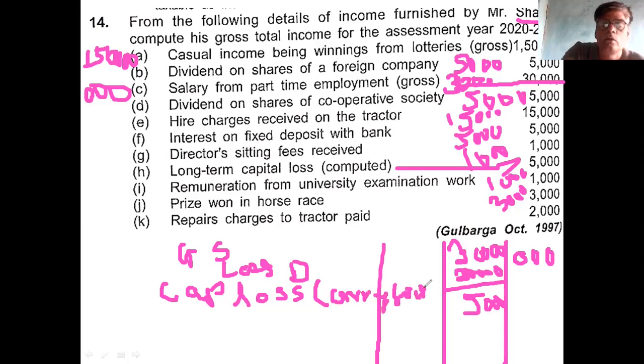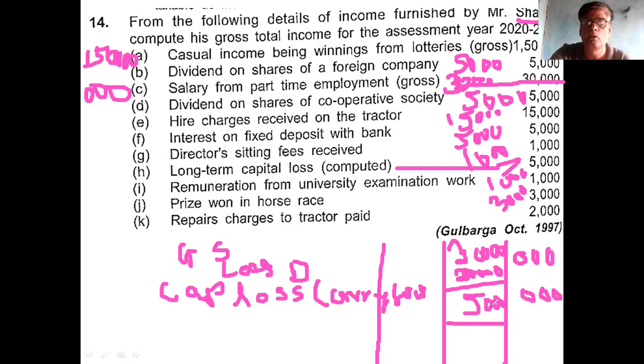Because there is no long-term capital gain. Long-term capital loss is to be adjusted in long-term capital gain only. Remember this. Therefore, it is not possible to adjust in other source, other heads. So you don't take in the outer column. You underline this. First point, salary income 0. Second point, capital gain 0.